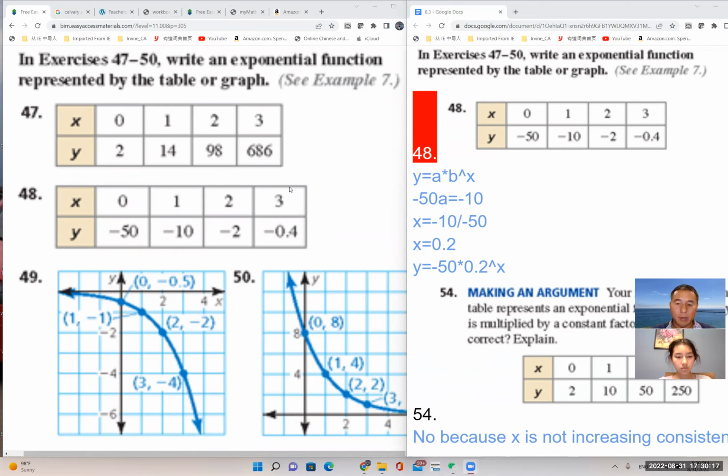Yeah, we talked about 48. So this is good. You assume the basic form of an exponential function, right? Then you solve and find the exact values of a and b. Then you get the specific function. Let me know how you do it.